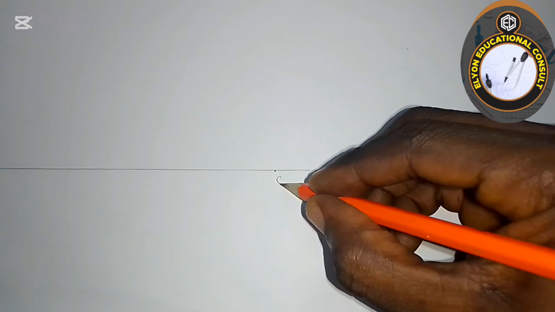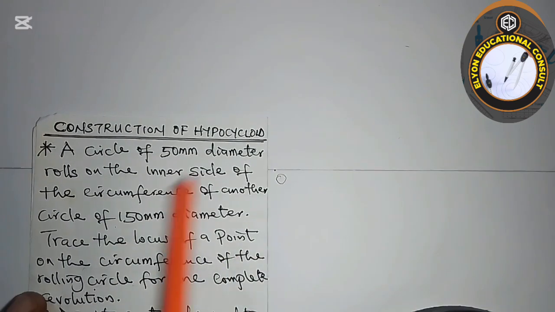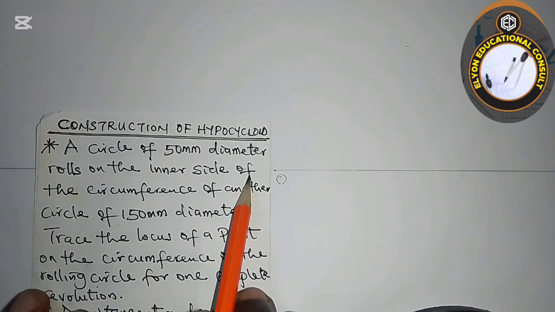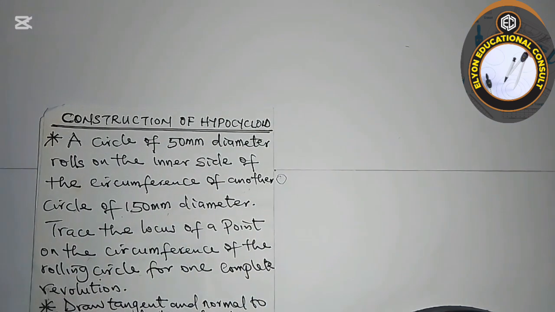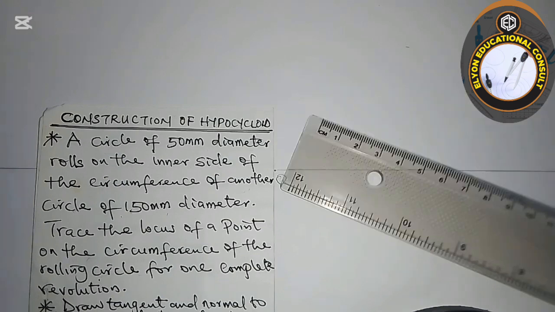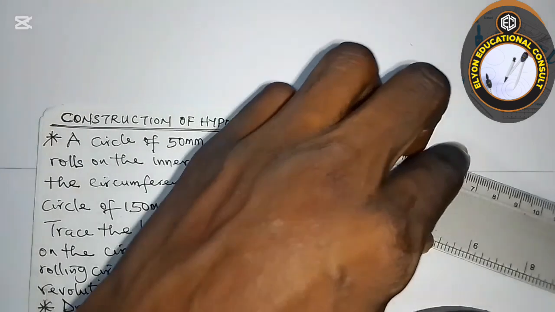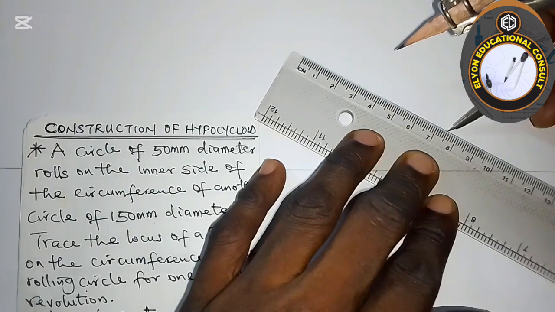Let's call this point O. We are told that the larger cycle has a diameter of 150. So I'm going to measure using the radius to draw the cycle. That will be 75.